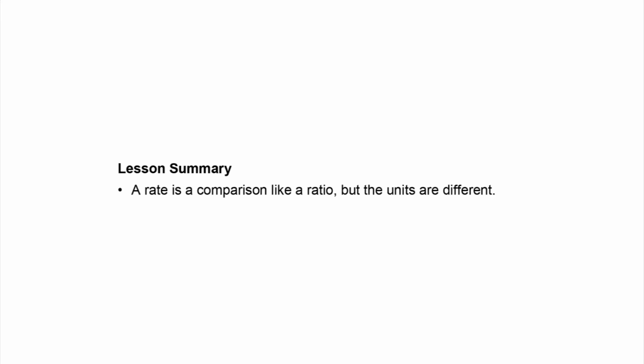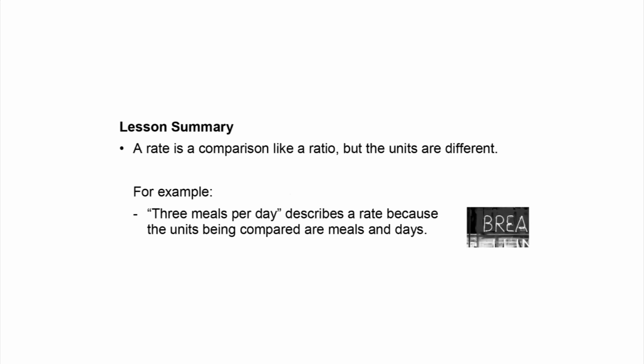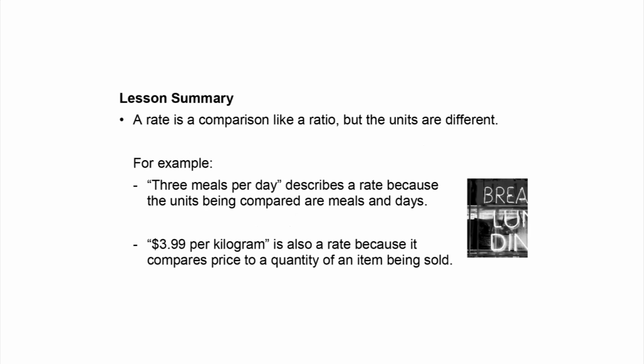Lesson summary. A rate is a comparison like a ratio, but the units are different. For example, 3 meals per day describes a rate because the units being compared are meals and days. $3.99 per kilogram is also a rate because it compares price to a quantity of an item being sold.